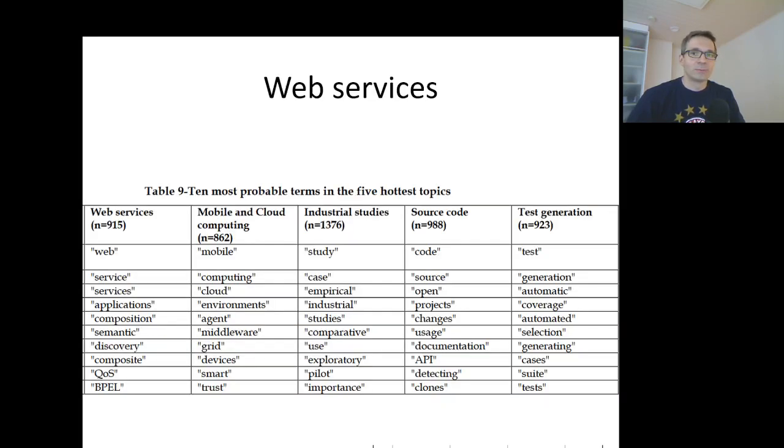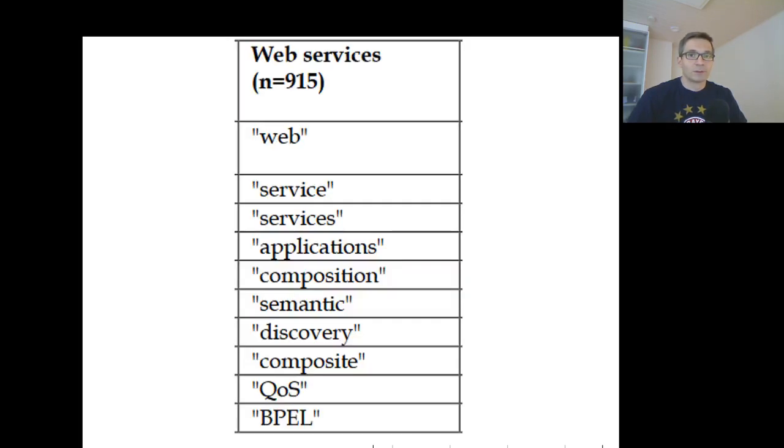Reality is of course a bit more complex, and each of these hot topics actually consists of several words, as you can see in the slide. So the hot topic web in the figure is actually web services, with the 10 most probable words being web, service, services, applications, composition, semantic, discovery, quality of service, and business process execution language.